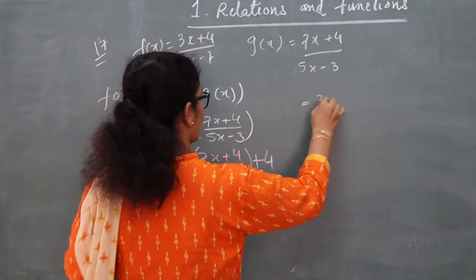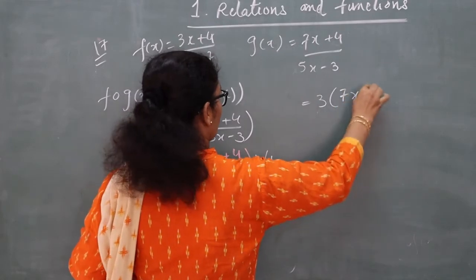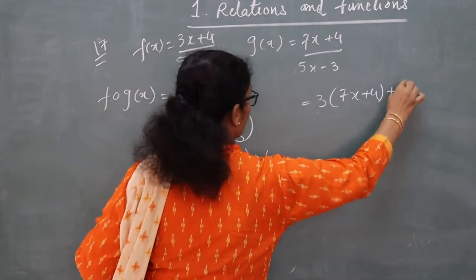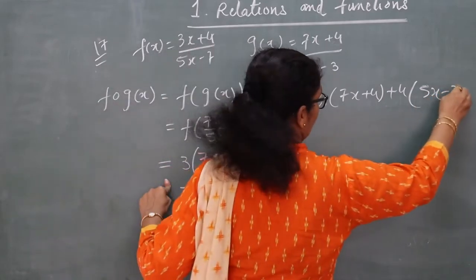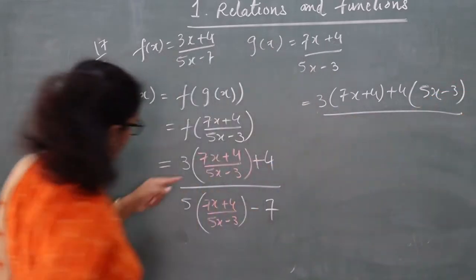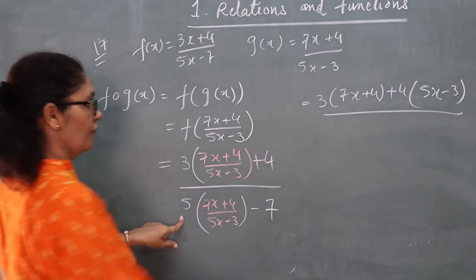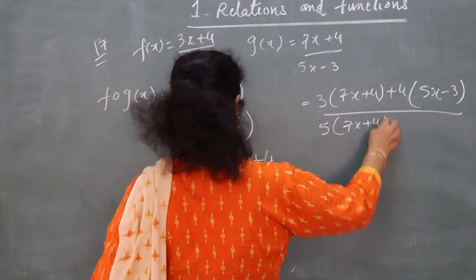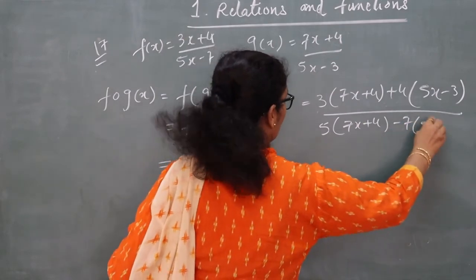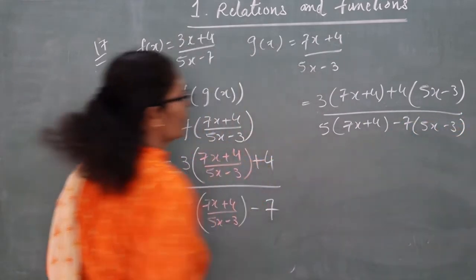Let's take the LCM. 3(7x + 4) + 4(5x - 3). Now check, the denominator is the same in both, so we cancel it. 5(7x + 4) - 7(5x - 3).